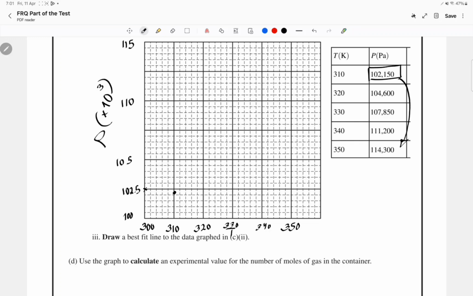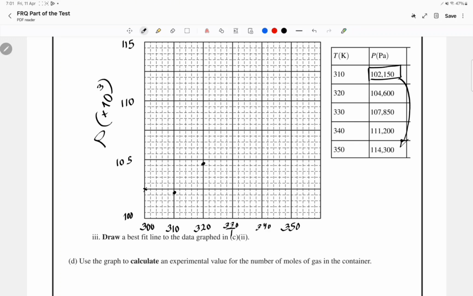Let's understand what's happening here. How many boxes do we have from 100 to 105? 1, 2, 3, 4, 5, 6, 7, 8, 9, 10. So 10 boxes are equal to 5. So what's a single box? 0.5, right? Do we agree? So when I'm looking for 104.6, that's like 104.5, let's say, which is just here.